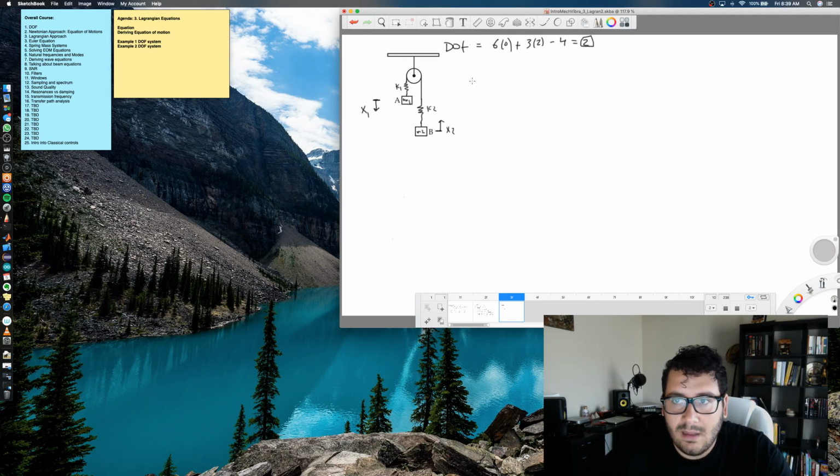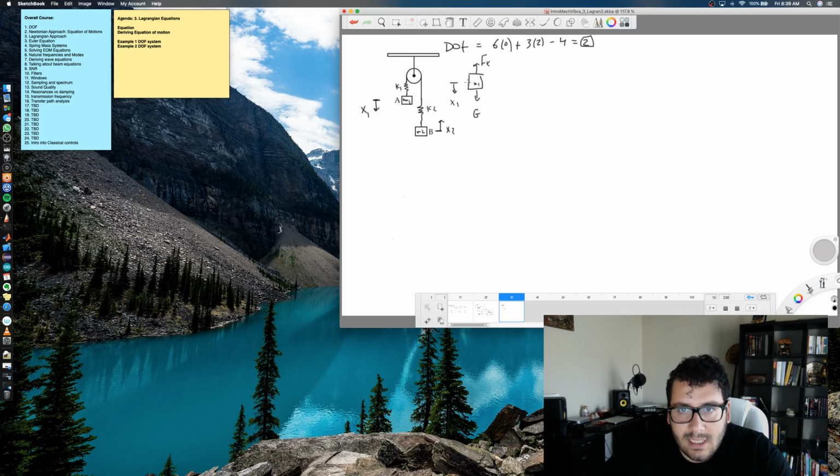Okay, let's pick the first body, M1. What do I have? I have gravity acting this way, right? I have my f of k, and that's basically it. And I have defined x1 as down.